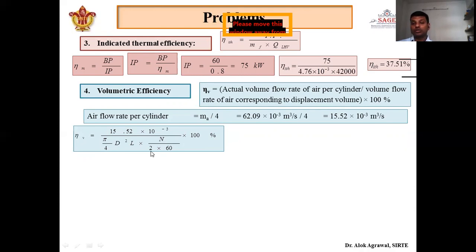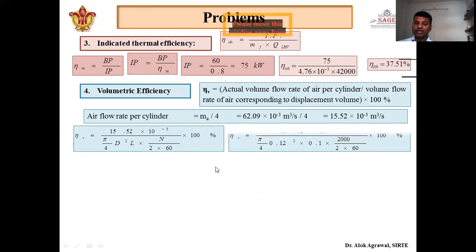If it was a 2-stroke engine, we would just put N. And we divide by 60 to convert from minute to second, because N is given in revolutions per minute. So by substituting all the values of D, L and N, we get volumetric efficiency as 82.3%.